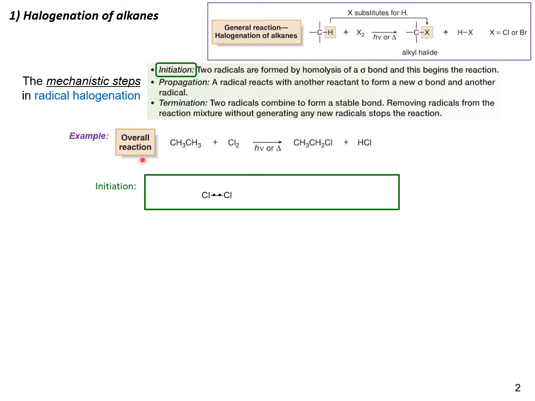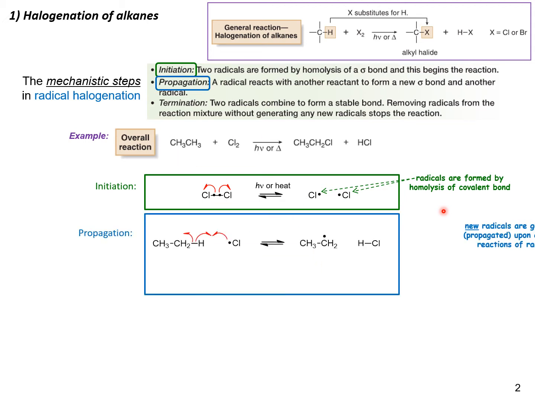The initiation step would involve a molecule of chlorine dissociating upon application of heat or light, homolytic bond cleavage, and you generate two chlorine radicals.